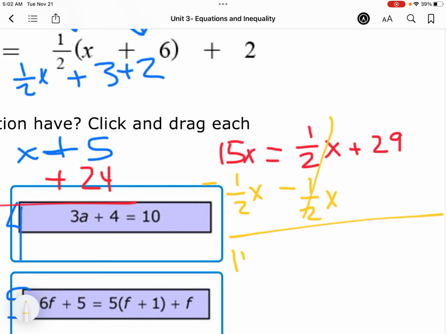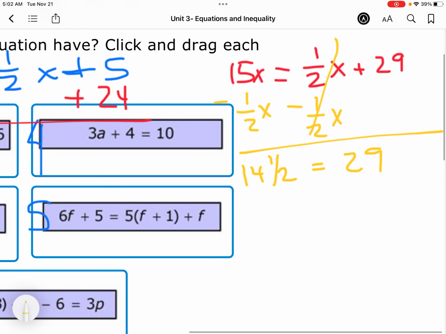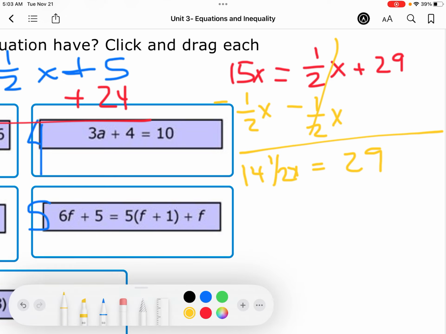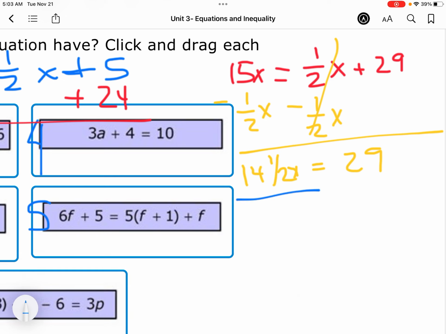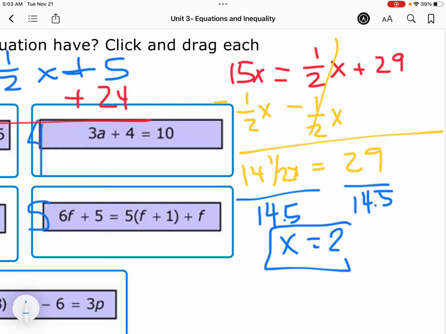And I'm left with 14.5x equals 29. I'm going to divide by 14.5. And x equals 2.